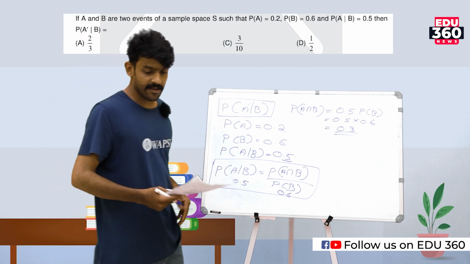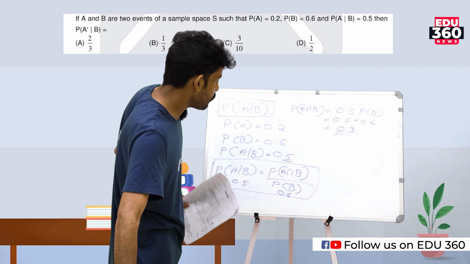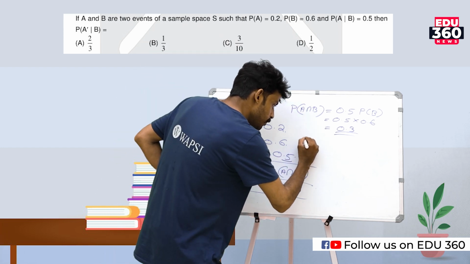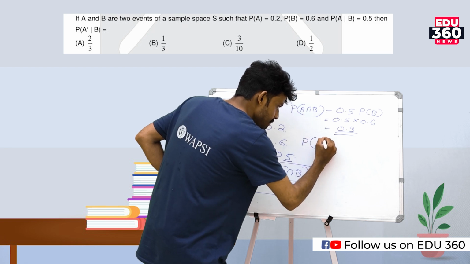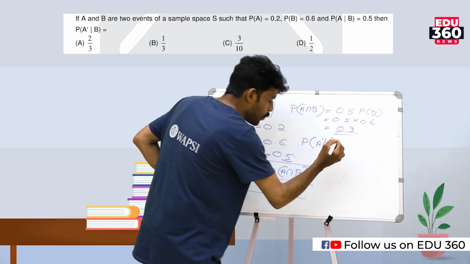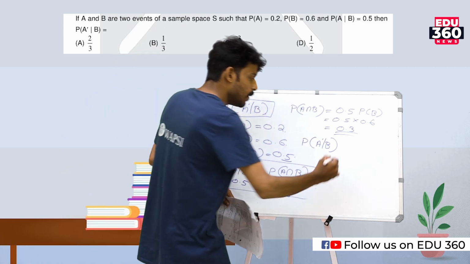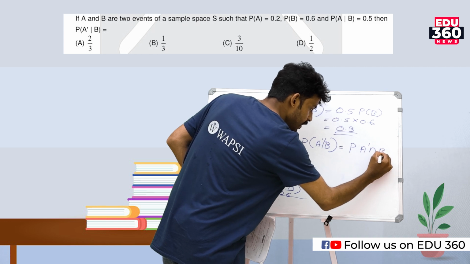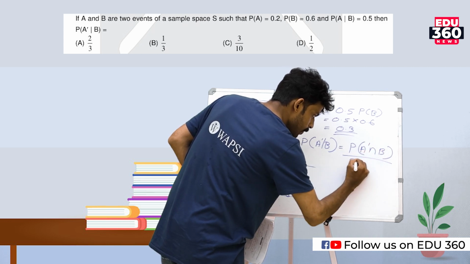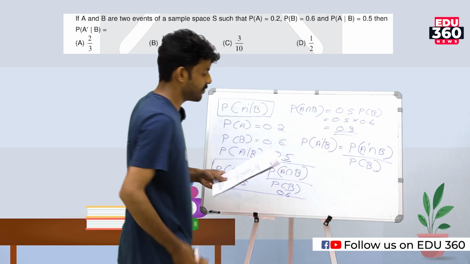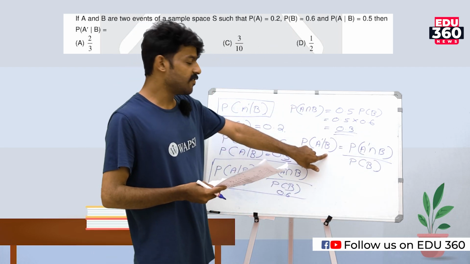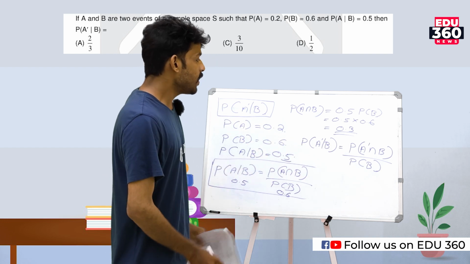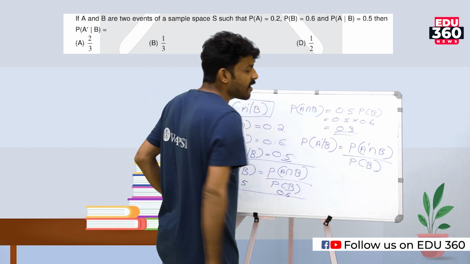In the next step we can write the formula: P of A dash bar B is equal to P of A dash intersection B divided by P of B. Okay, so P of A dash intersection B.